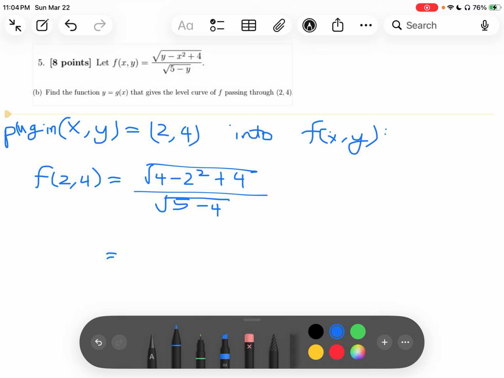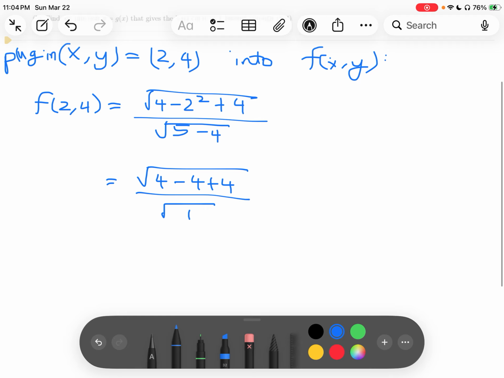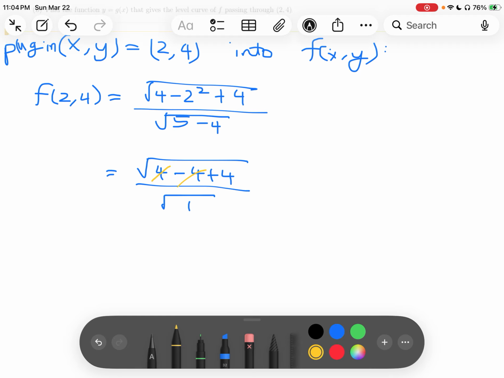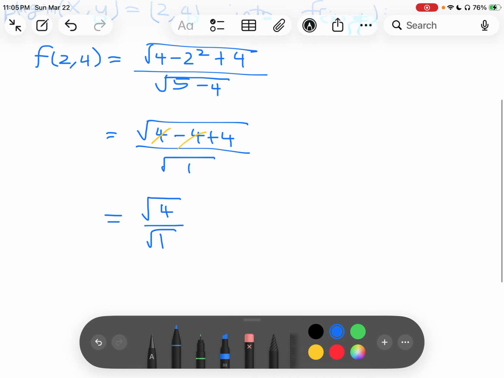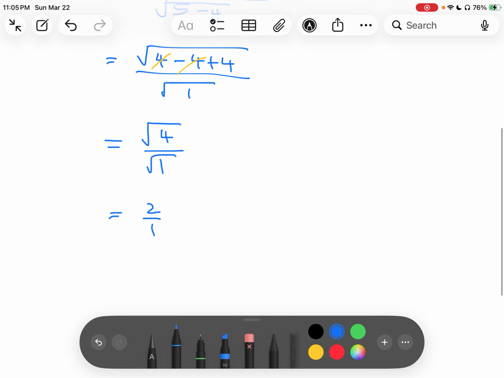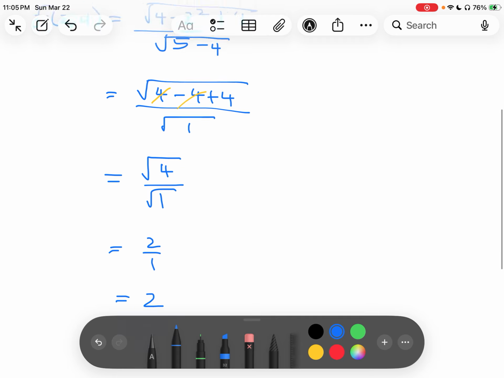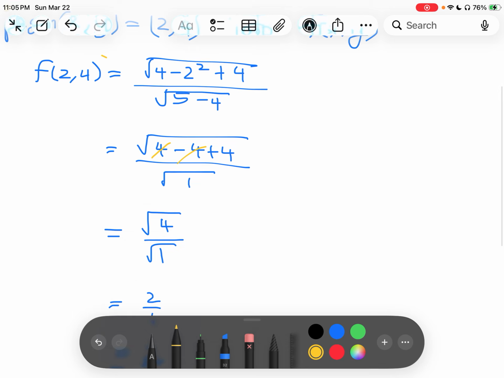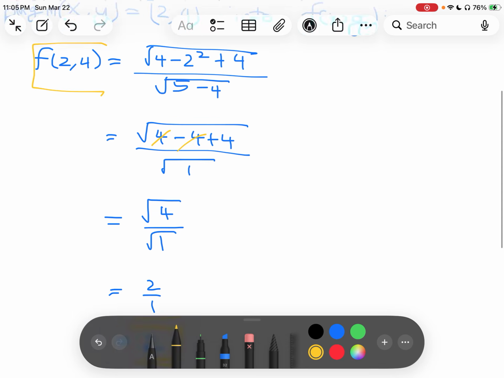We have the square root of 4 minus 4 plus 4, all over the square root of 5 minus 4, which is 1. Notice that these will cancel out, and then we're left with the square root of 4 over 1, and the square root of 4 is just 2, so we have 2 over 1, and the answer is just 2. So f of 2, 4 is 2.